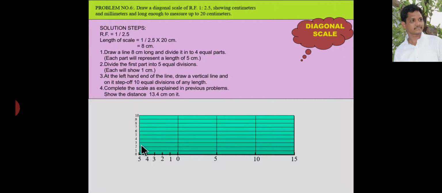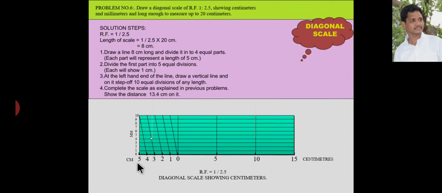This is 1 centimeter, 2 centimeter, 3, 4, 5. This is 5 centimeters. Draw diagonal lines. This is RF value, type of scale, main division and subdivision.